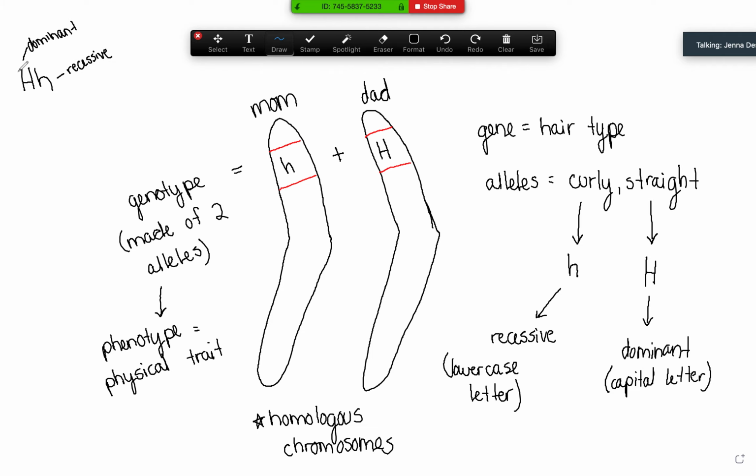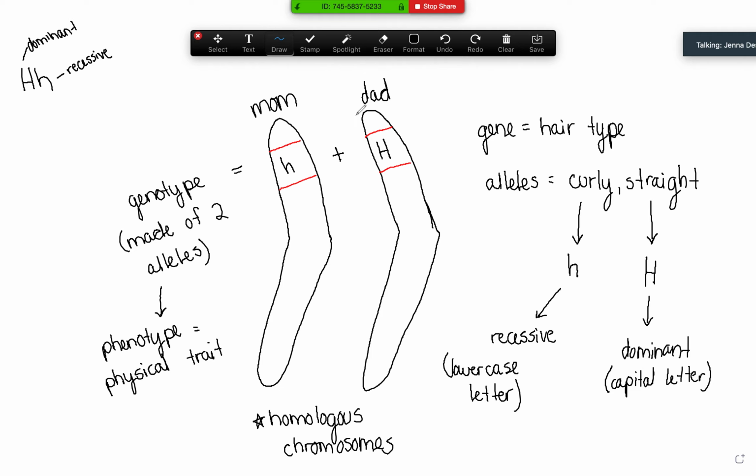So this being a dominant trait, this uppercase H, means that it will take over the recessive allele, and the phenotype or the physical trait that is expressed in this individual will be the trait that is represented by the dominant allele.